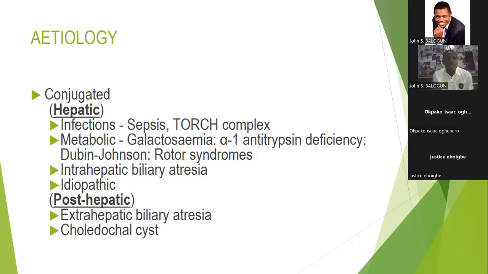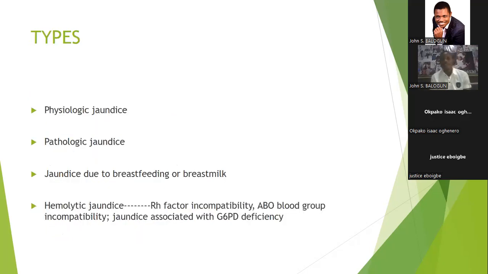It could also be from a post-hepatic cause, such that everything has left the liver, but there is now extrahepatic biliary atresia. So the bilirubin cannot pass through it. Also, if there is a cyst that is causing an obstruction, such as a choledochal cyst, that can do all of that. So we have talked about all of this earlier.